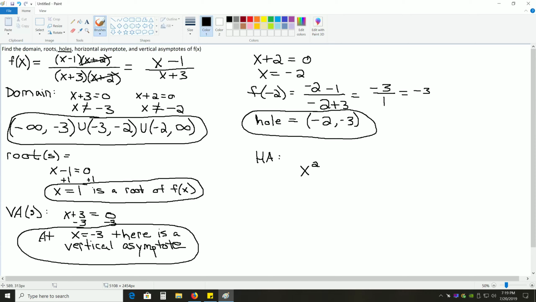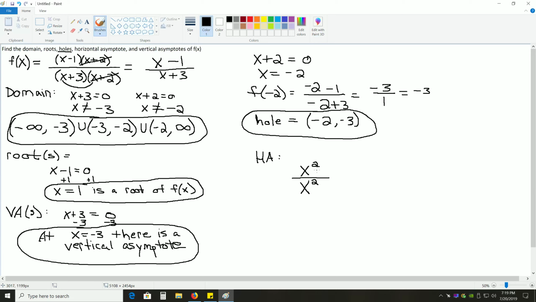And again, the leading term in the bottom is just what happens if we take these two x's and multiply them together. We will get x squared again in the bottom. So notice the denominator's exponent is not greater than the numerator, so that eliminates one of our possibilities for the horizontal asymptote.